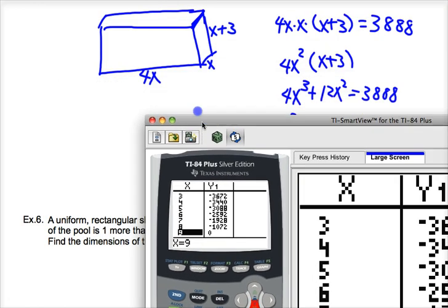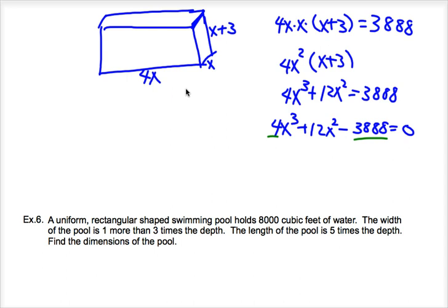Now again, on your test, I'm not going to be satisfied if you just say, oh, I put it in my calculator and x is 9. I want you to prove that 9 works. So go ahead, plug in 9. You go 4, 12. Don't forget the 0 spot here.